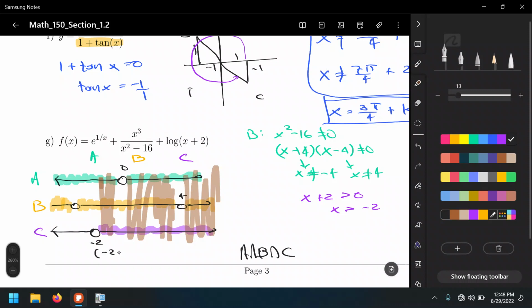From negative 2 to 0, the union from 0 to 4, and from 4 to infinity. I'm not sure you're going to get anything like this on a quiz or an exam, but the reason I'm coming up with something this big is so we can put everything together and recall how to find this by overlapping sets.